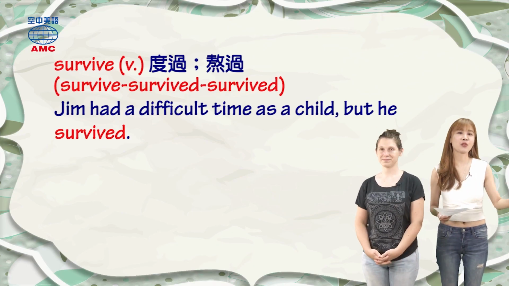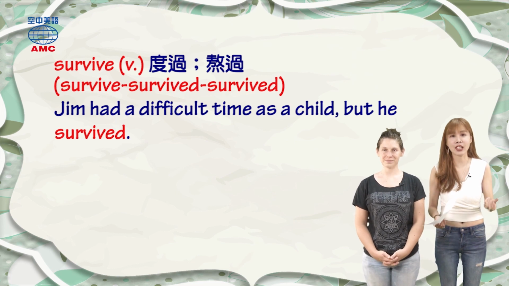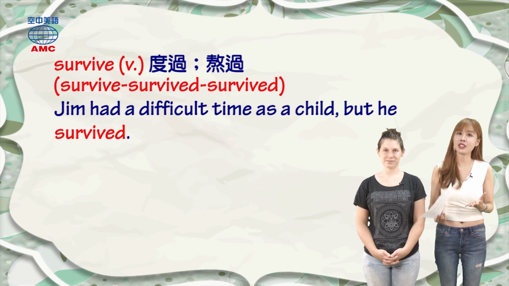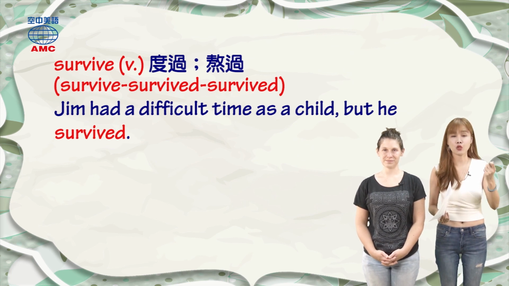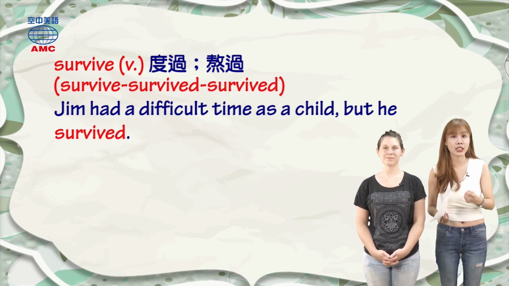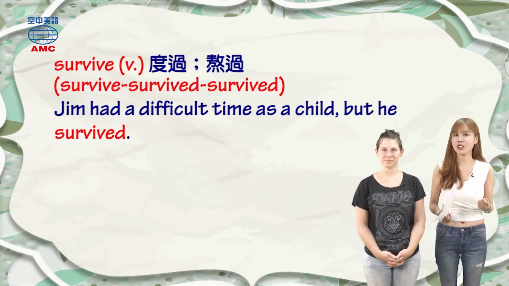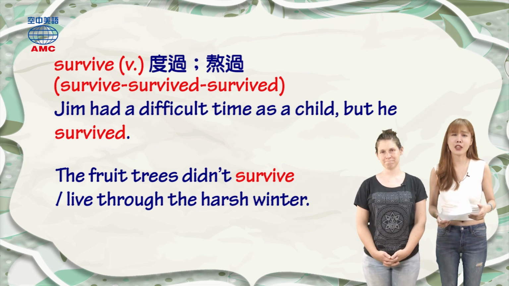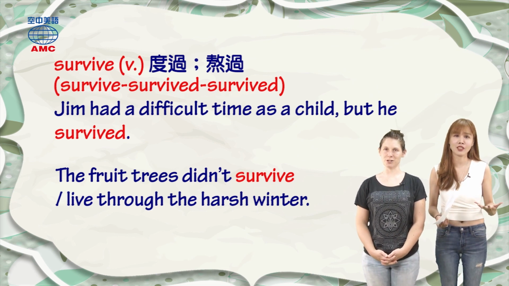好，我们来看一下最后一个 word power， 就是 survive， 它是个动词，就是有度过啦、熬过的意思。它的动词三态的变化很简单，就是 survive, survived， 直接接 d survived。比方像是 the fruit trees didn't survive or live through the harsh winter. Oh dear.